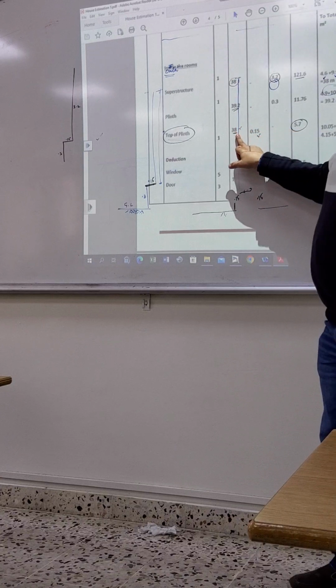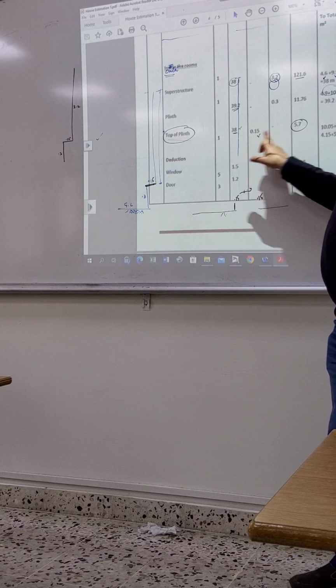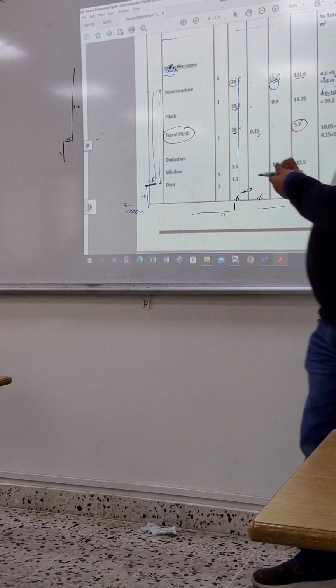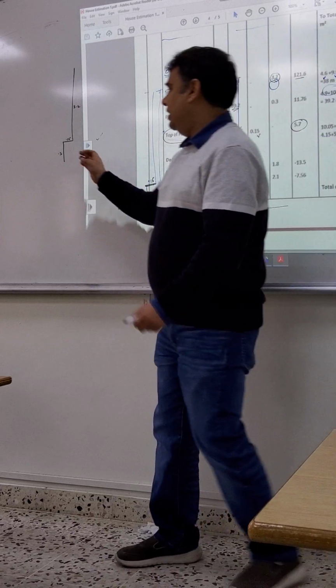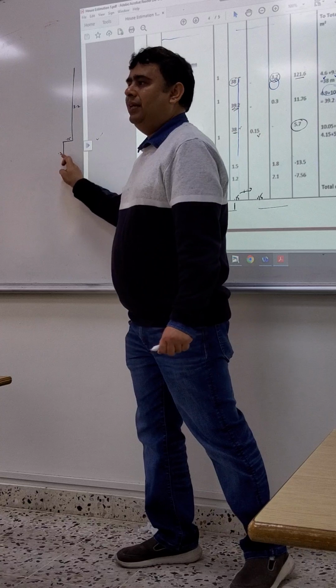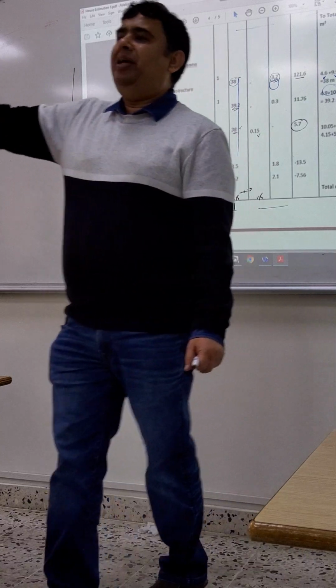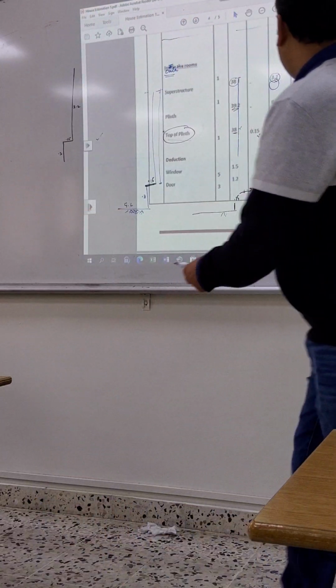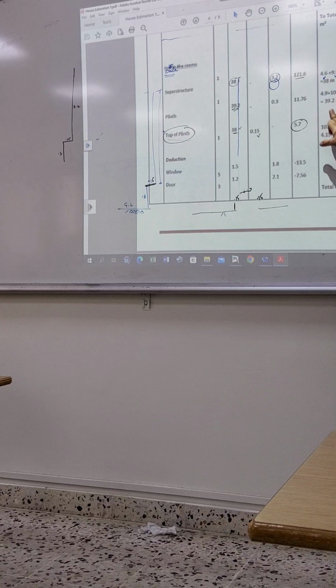So 38 is the length, multiplied by 0.15 you get 5.7. Here, because it is a little bit outer, this length may be more. So just here why it is coming 39.2.